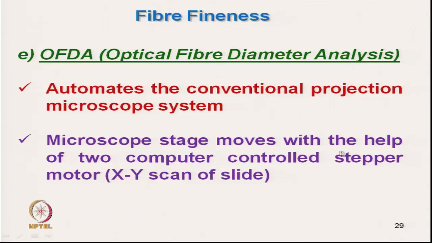Here it is simply automated. The microscope stage moves with the help of two computer controlled stepper motors, in x and y directions. So, it moves randomly and we can program it. That way it moves and accordingly the image is captured.